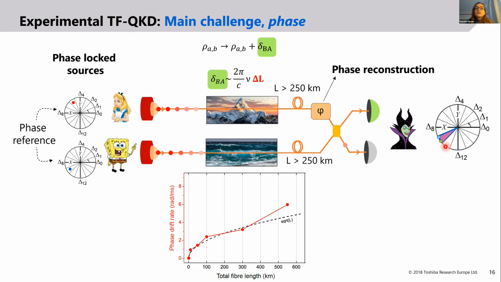So we end up with a phase drift rate that at 550 kilometers, as you see in this graph, has an average of 6 rads per millisecond. So it's a huge drift, and we haven't seen these drifts stabilized before. So essentially, the initial phase that you have encoded is completely scrambled by the end. So you have to have a way to reconstruct the phase when Alice and Bob are interfering.